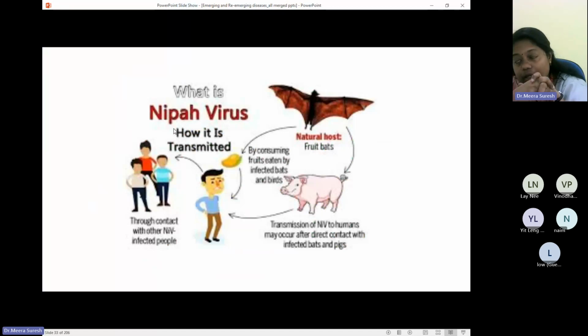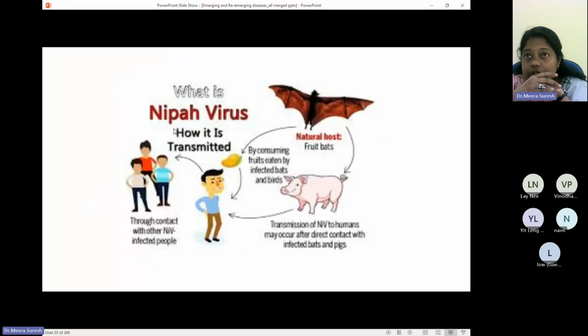The most recent one which happened was in Kerala, in my own state, in the year 2019, no, 2018. There were actually 18 cases confirmed with Nipah infection, and out of that 17 people passed away.